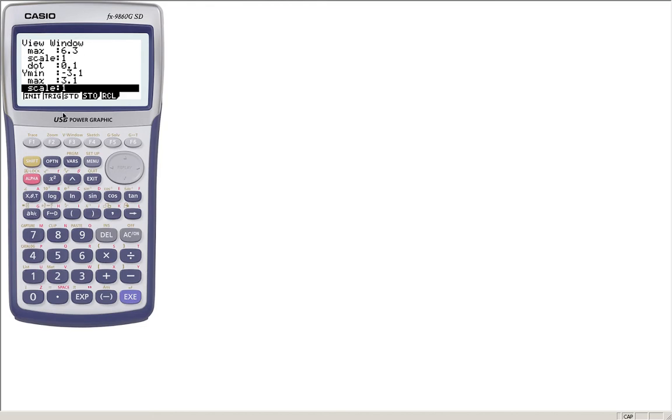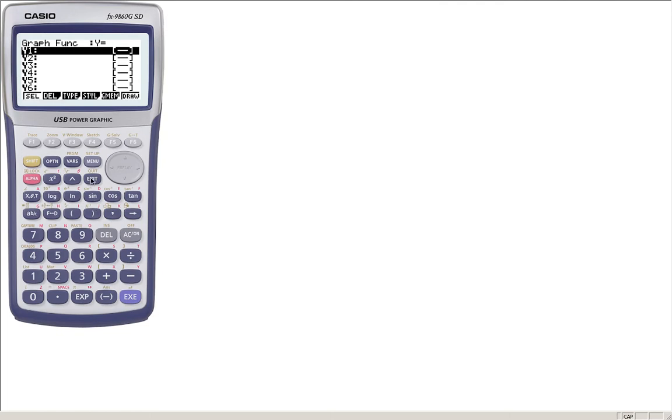If you press this one STD, which is the shortcut for standard, you can see that it will become minus 10 to plus 10, both x-axis and y-axis. But in case if you press this one INIT, you can see it will become like this. Of course, it is also customizable. If you want to change the minimum value and maximum value, you can say, let us say, minus 12 to plus 1, for example. You can also customize it, not a problem.